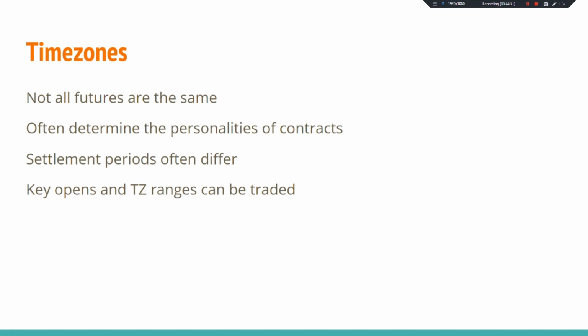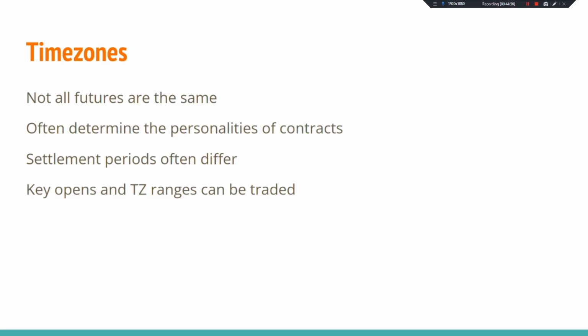But each one has a personality that is very much not like stocks. You don't go through a watch list of 200 futures contracts and look for patterns and all that. You pick 2, 3, 4, 5 or whatever. I look at 5, and then you just learn them and how they react.